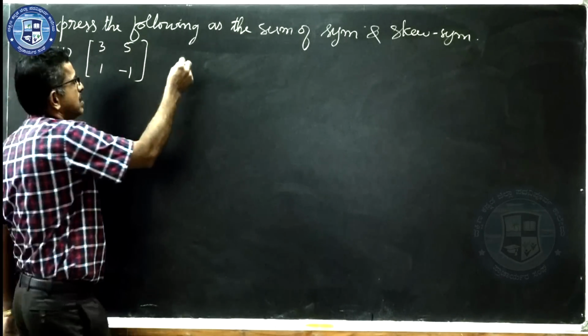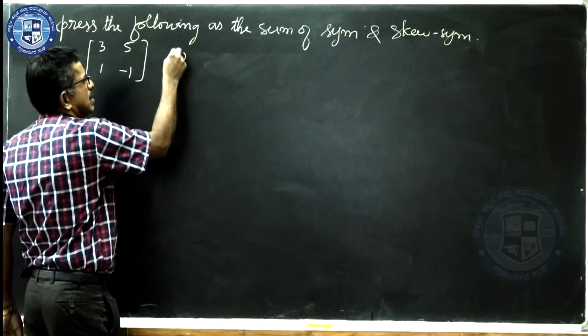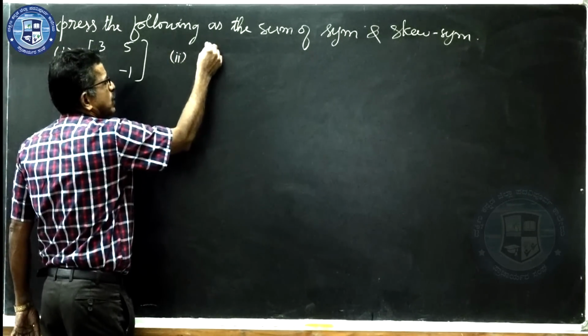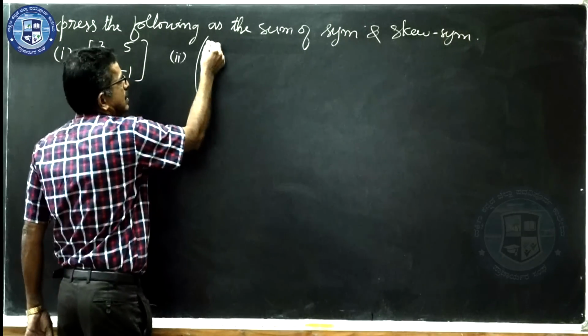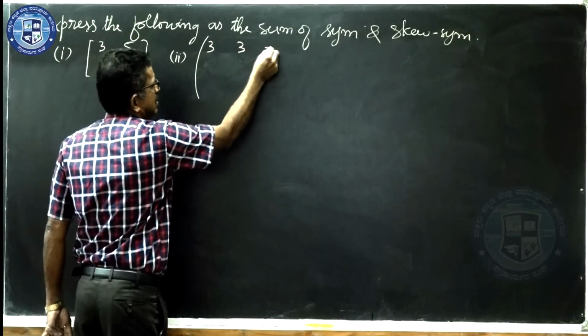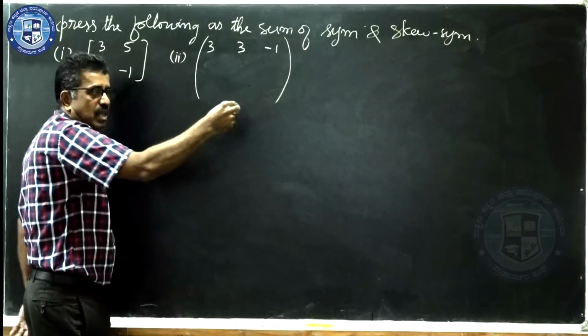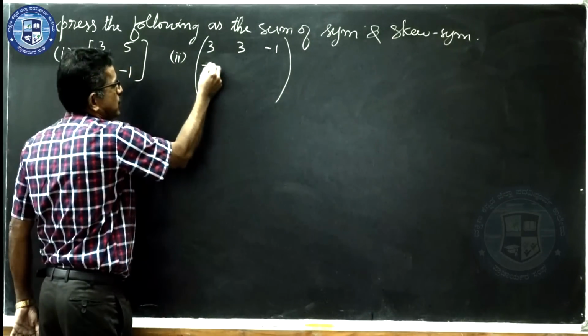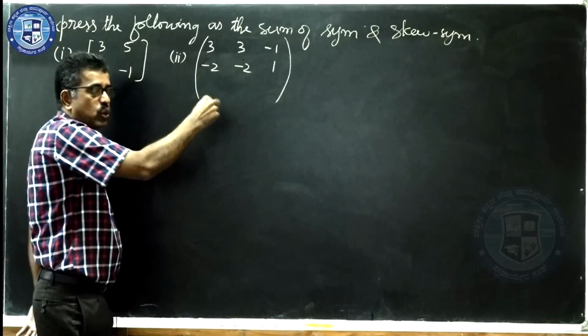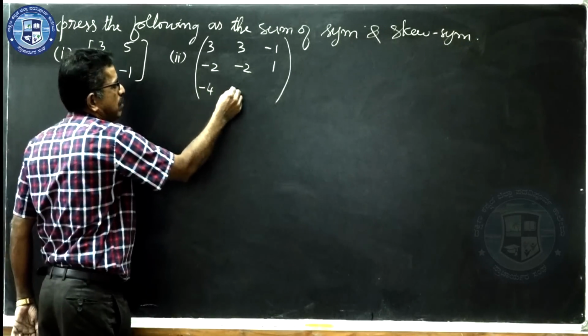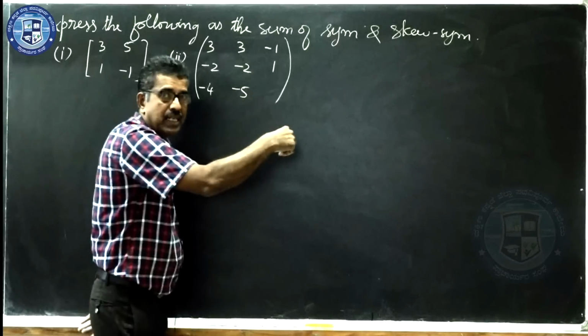Let me take the other 2 examples. In the case of a 3 cross 3 matrix, the first row is 3, 3, minus 1. The second row is minus 2, minus 2, 1. And the third row, let it be minus 4, minus 5, and plus 2.